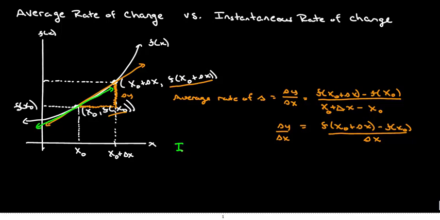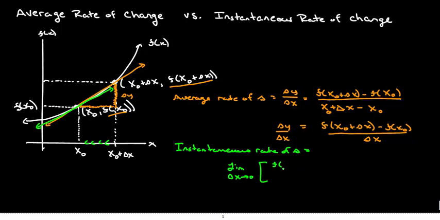So an instantaneous rate of change is equal to the limit as delta x goes to 0 of your average rate of change. So as we take this point right here and push it closer and closer, so as this guy comes down the line closer and closer, we get that green line, that is our instantaneous rate of change.